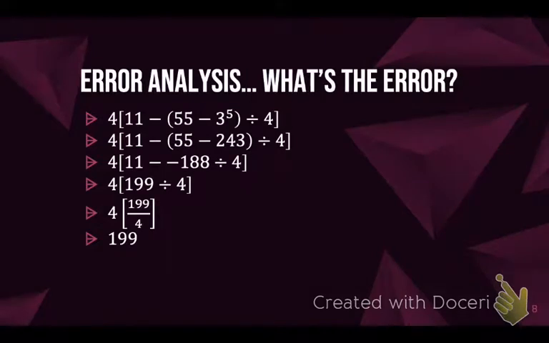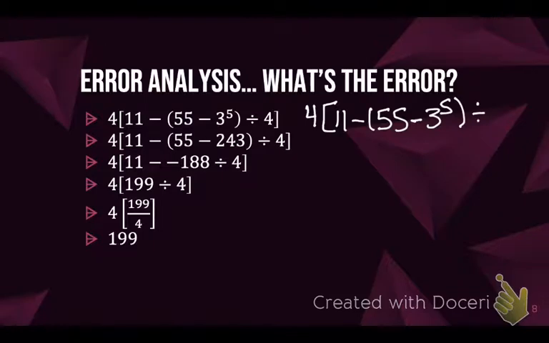Okay. So this one is longer now. All right. So this is definitely one where you should be writing it off to the side. 4 times 11 minus... So the first thing we're going to do is what is in the parentheses.